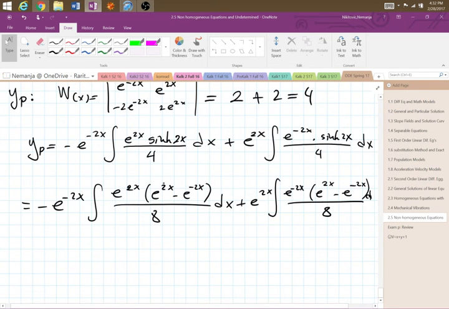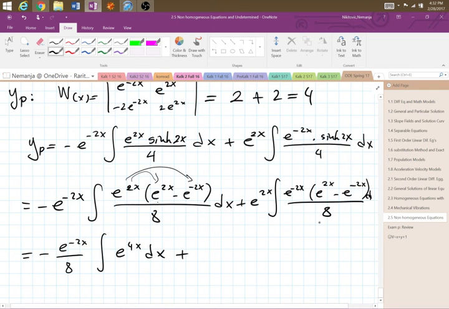So now when you distribute this, you see that the second term dies, and you're only left with e to the 4x over 8. So we can kick out the 1/8, we can outsource it, and you are left with the integral of e to the 4x dx.